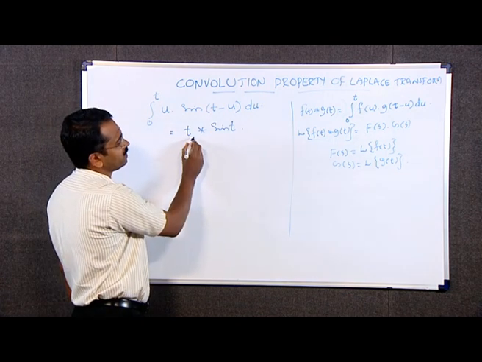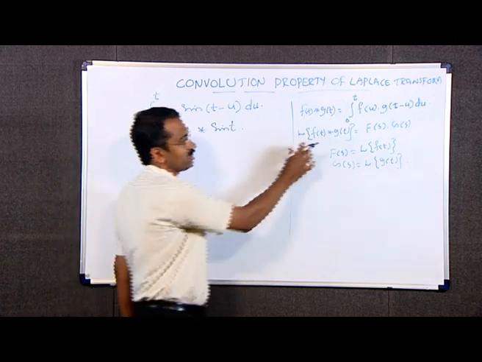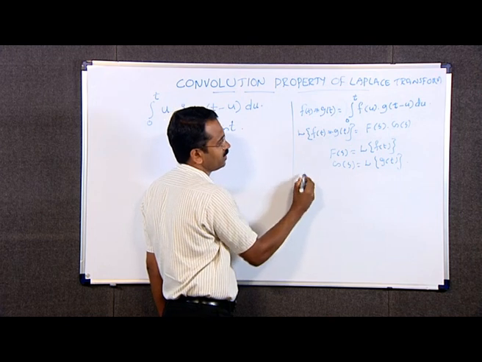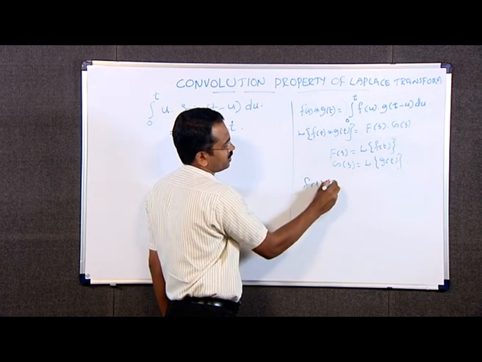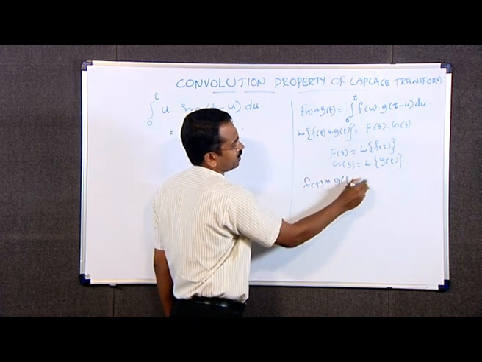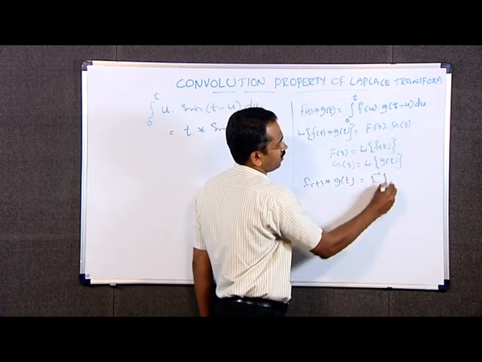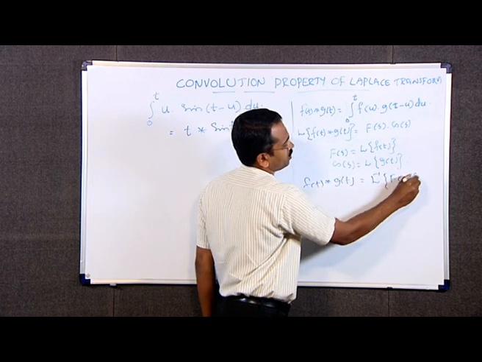Here t star sin t means consider this and taking inverse, f of t star g of t is equal to, we can write L inverse of F of s into G of s.